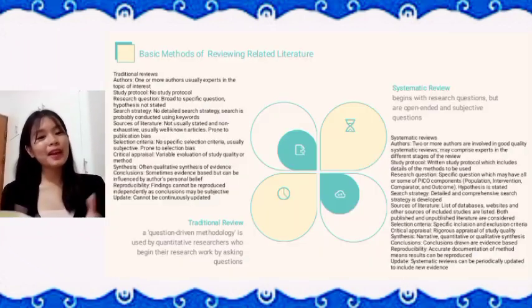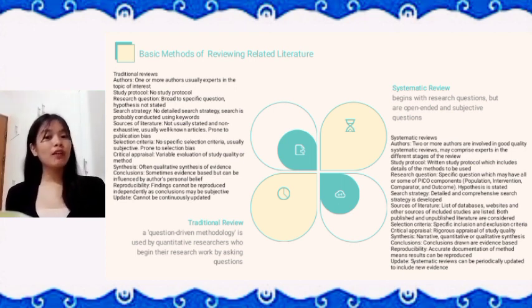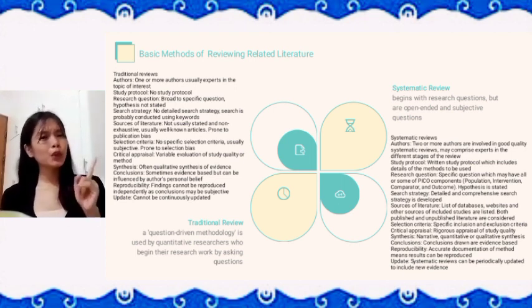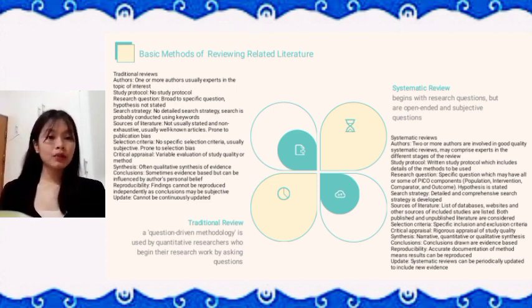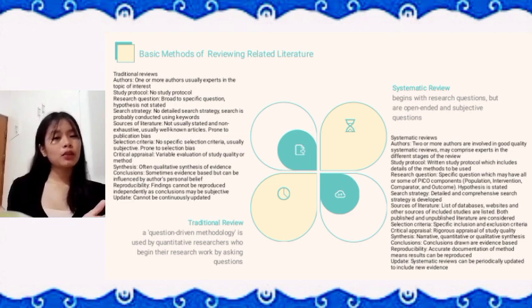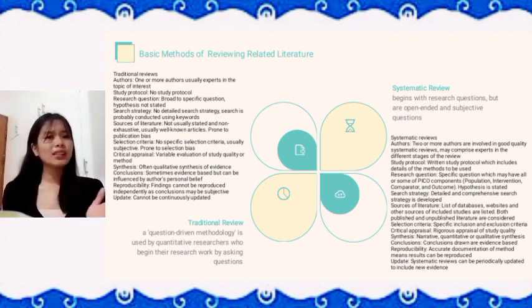First we have the traditional, and second we have the systematic review. But we have to bear in mind that traditional is for qualitative research, while the systematic review is for quantitative research. So you might have asked, what is the difference between traditional review and systematic review?